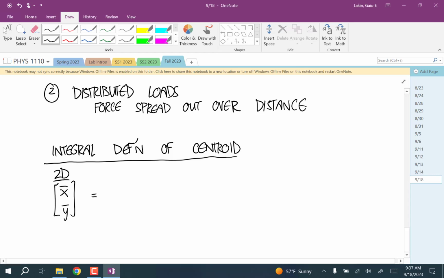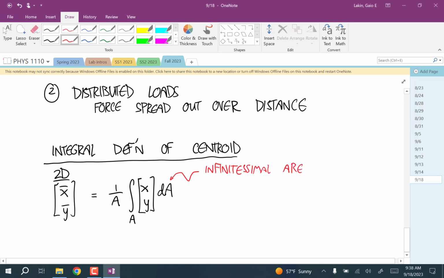And the definition is 1 over the total area times the integral over the entire area of x tilde, y tilde times dA. So this dA is your infinitesimal area, and this is the centroid of your infinitesimal area.